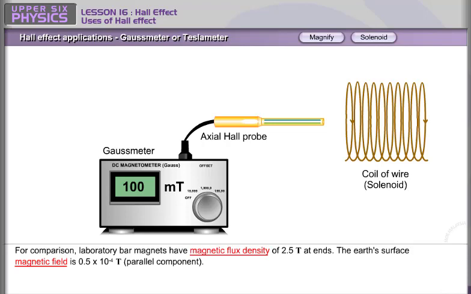For comparison, laboratory bar magnets have magnetic flux density of 2.5 Tesla at ends. The Earth's surface magnetic field is 0.5 times 10 to the power of minus 4 Tesla, parallel component.